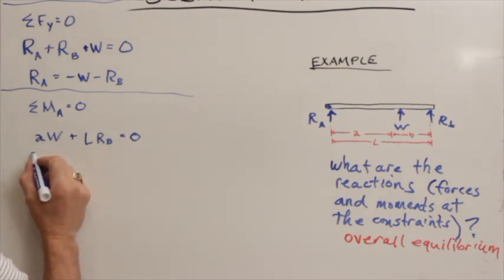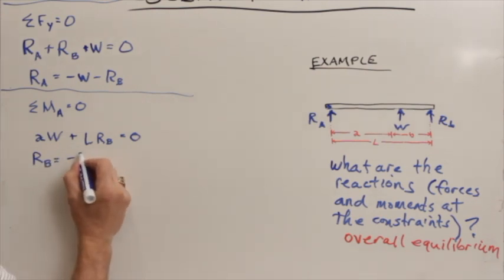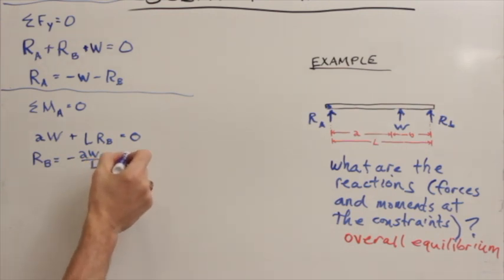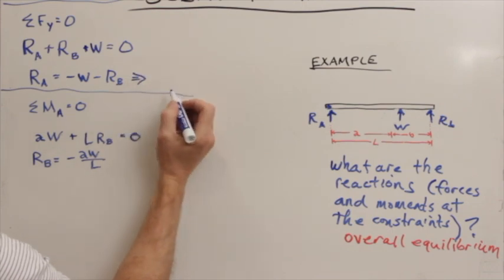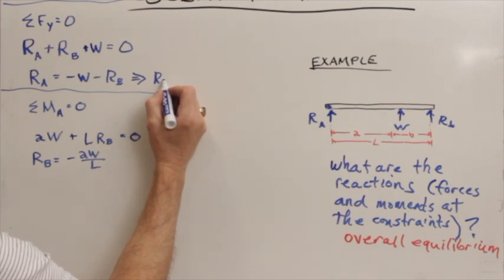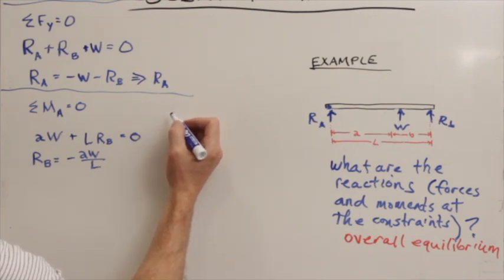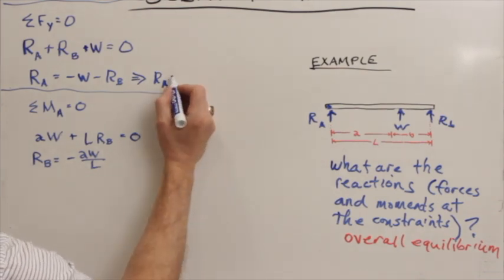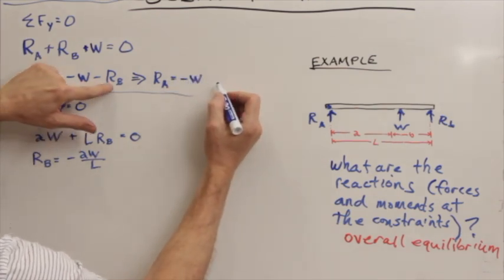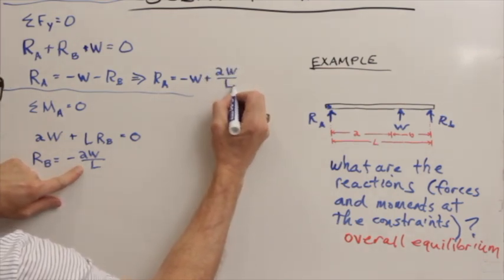So we can solve for RB is equal to the opposite of AW over L, and then plugging this back in, we get RA is equal to minus W minus RB, which is plus AW over L.